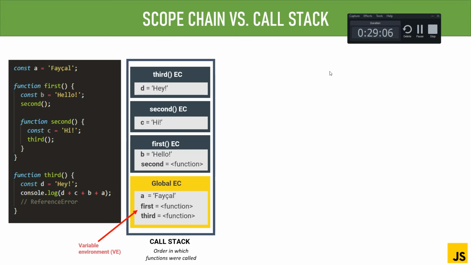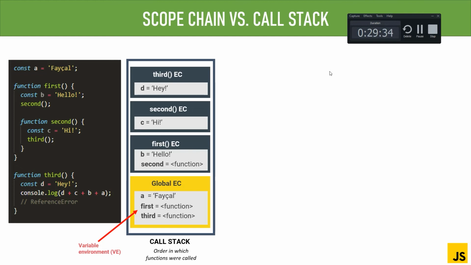Alright. All I am doing is creating one execution context for each function call and filling it with the variable of that function. And you can pause the video here for a moment to understand the content of each variable environment. Okay, and now that you did that, and we have all this variable environment in place, we can actually start building the scope chain.